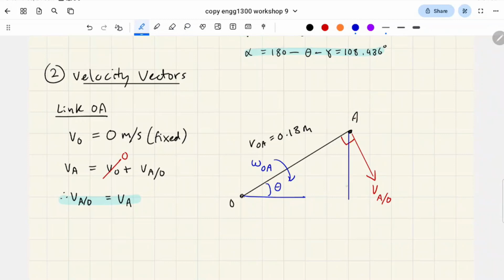And the other thing we know is this angle is theta because of how our similar angles work, right? That's going to be important later for when we draw the velocity triangle.